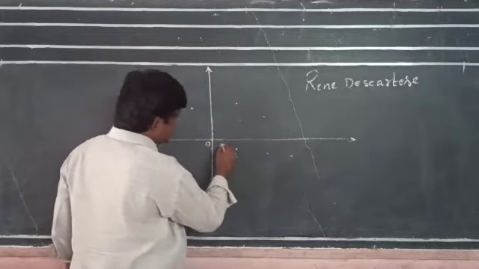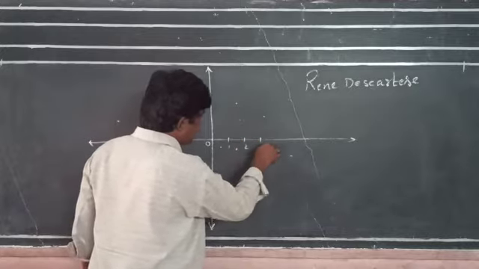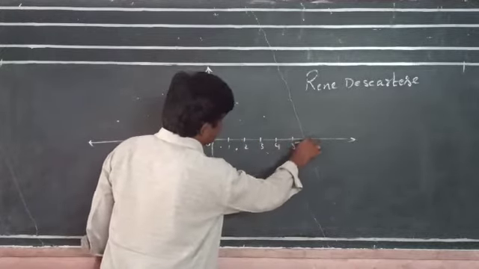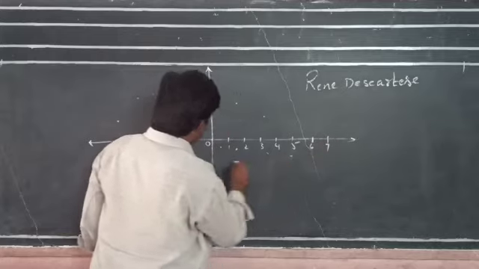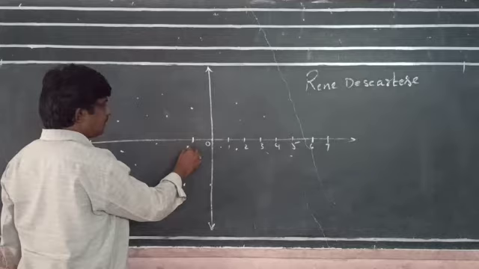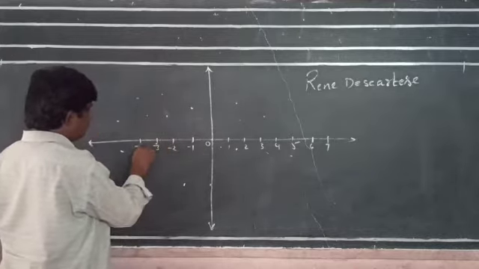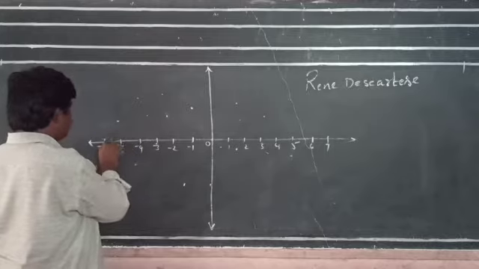Towards the right side of the 0, he decided 1, 2, 3, 4, 5, 6, and so on. And on the left side, away from the 0, it is -1, -2, -3, -4, -5, -6, and so on.